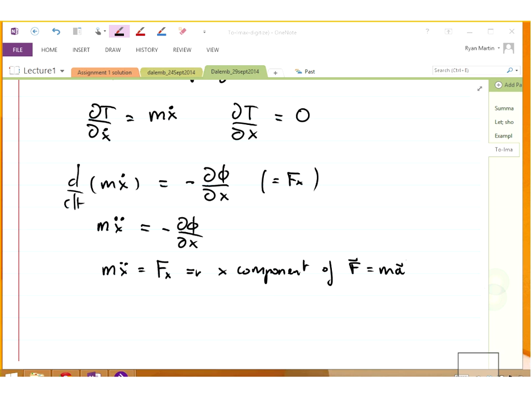But as you'll see, once you get practice, you won't need to write the thing out as a vector at all. And so, of course, if you do this for y and z, you end up getting the same equations.